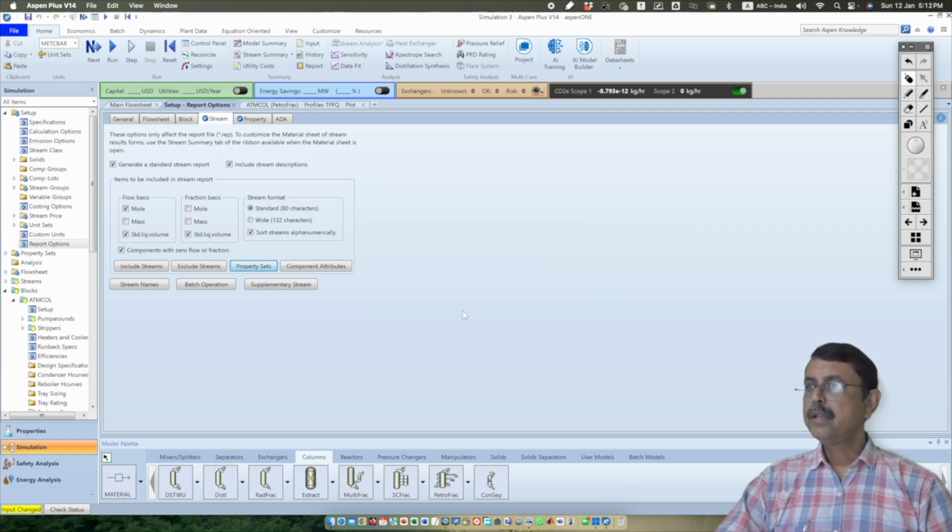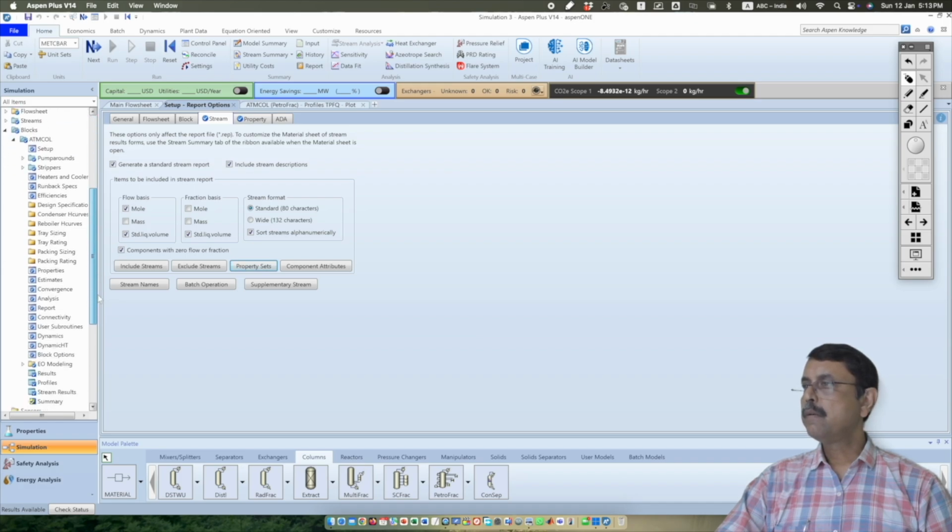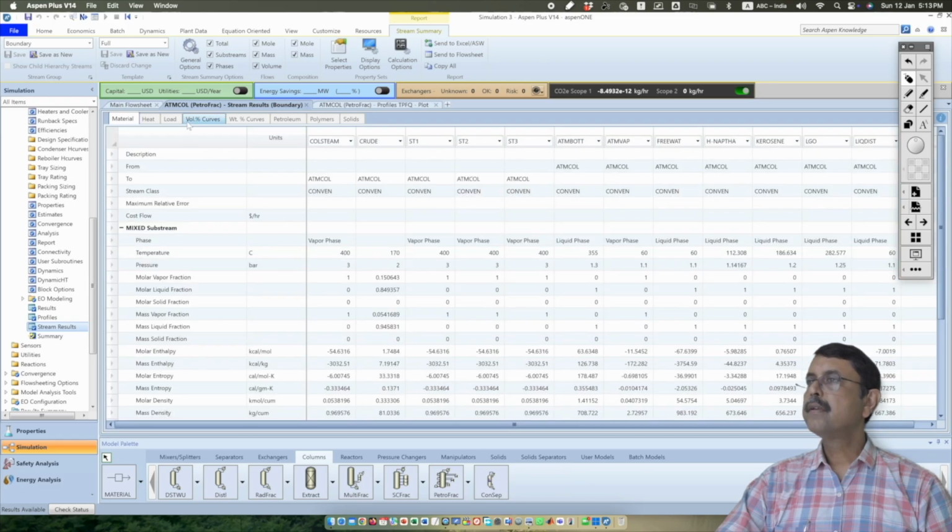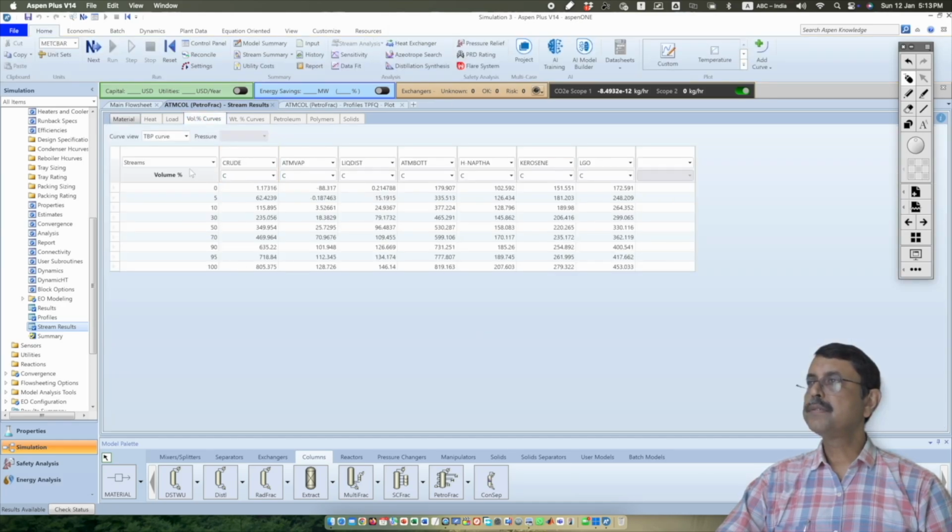So once we do it, we run it once again and go back to our stream results, and you will find volume percent curves are activated. Okay. So go to the volume percent curves. You will find them. Now here you will find the curve view.